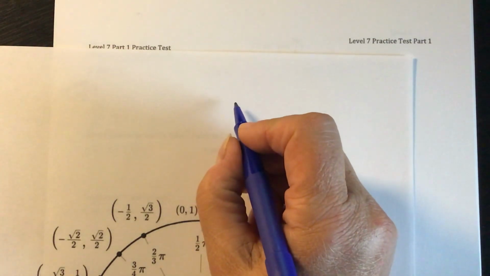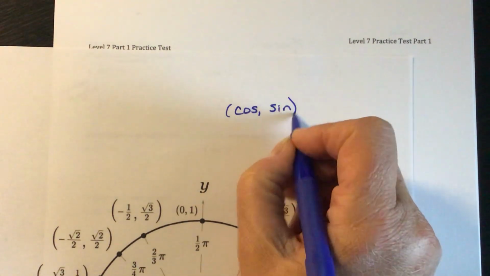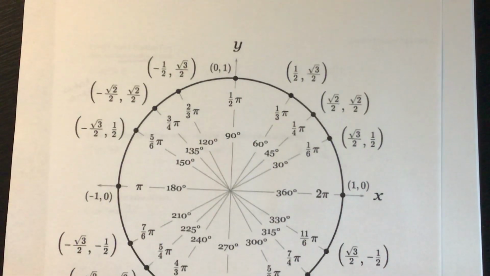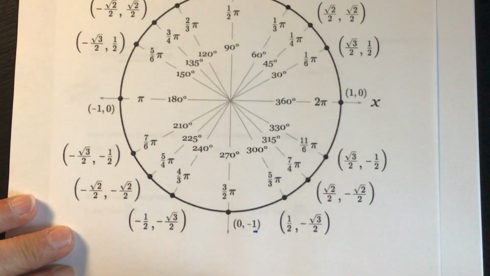Now, if we look at our unit circle, we have cosine and then sine. So we want the angle that has a sine of -1, and that would be here, which is 3 pi over 2. But if we remember our domain for inverse sine is between -pi over 2 and pi over 2.